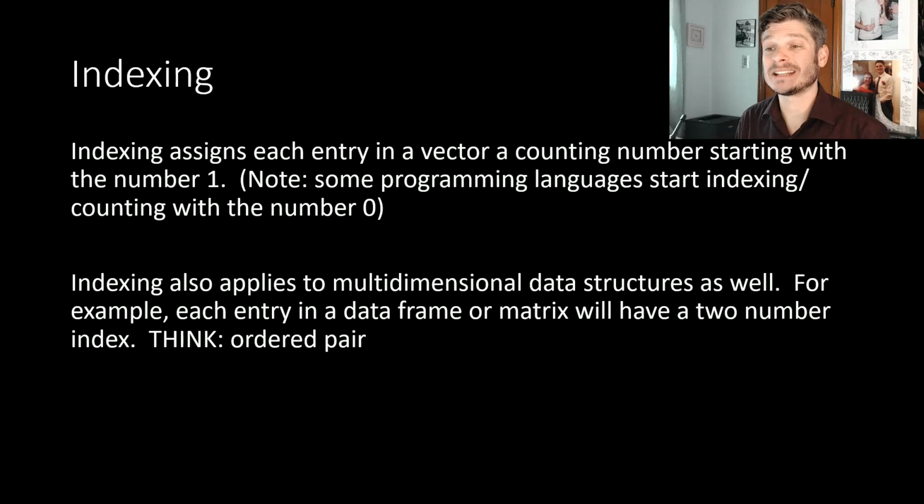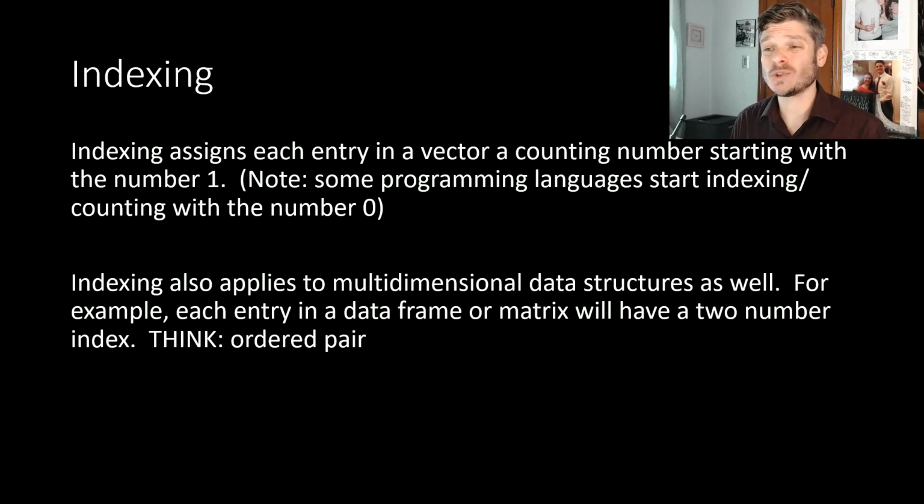The first index is 0, so there's a little confusion sometimes when you're working with a bunch of different programming languages. A quick Google will pretty much settle any questions you might have. Again, we start with 0 because that is a much more mathematical thing usually. So again, some programming languages start with 0, but R starts with 1, which is more intuitive for most students, so that's actually kind of nice.